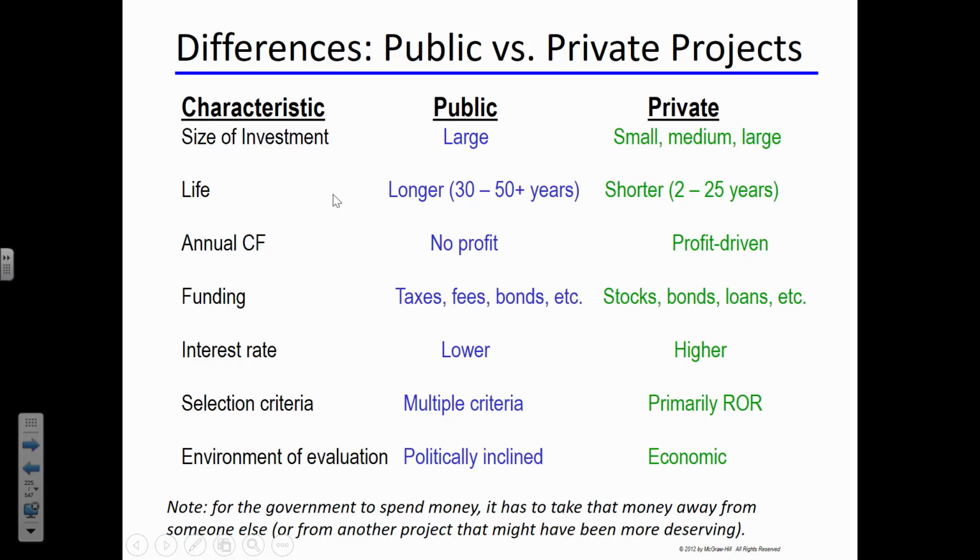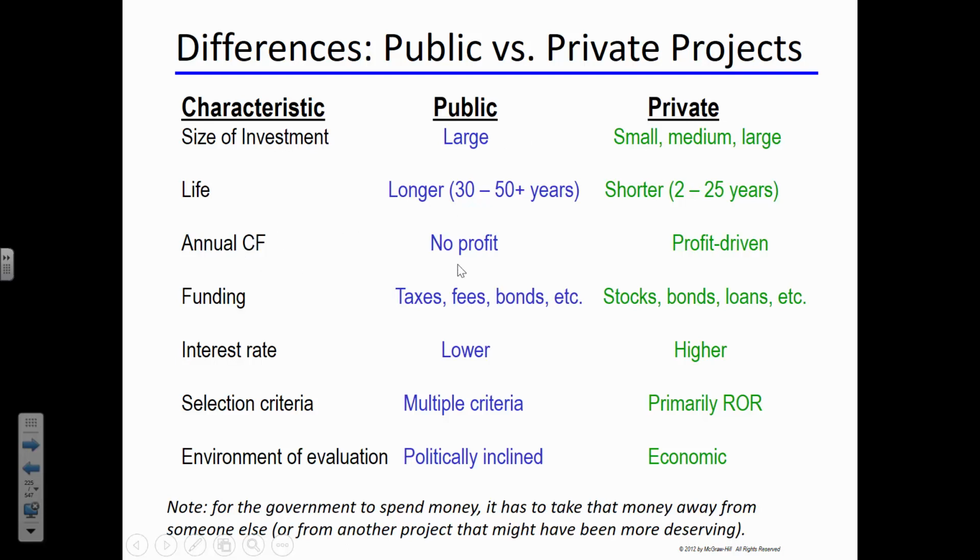Private companies are usually looking for a quicker return because their stockholders are kind of living quarter to quarter. They want to know about the profitability in the last 3 months and are less interested about how a certain project is going to be profitable over the really long term. People have a short attention span sometimes, and so public projects are required for these longer ones.